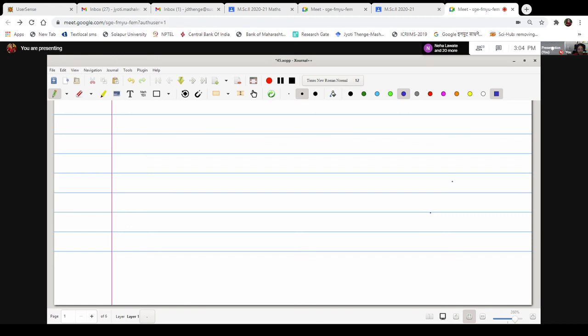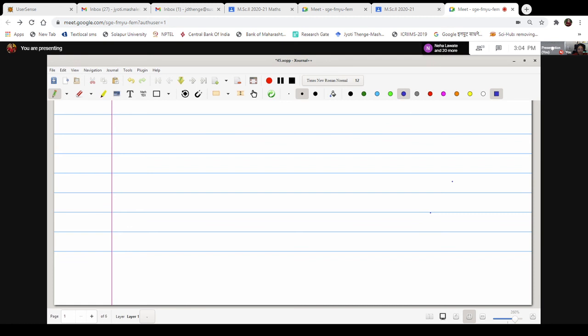This is norm of 2x minus y naught plus z naught is greater than or equal to 2d, which we can write as norm of x minus y naught plus x minus z naught greater than or equal to 2d.